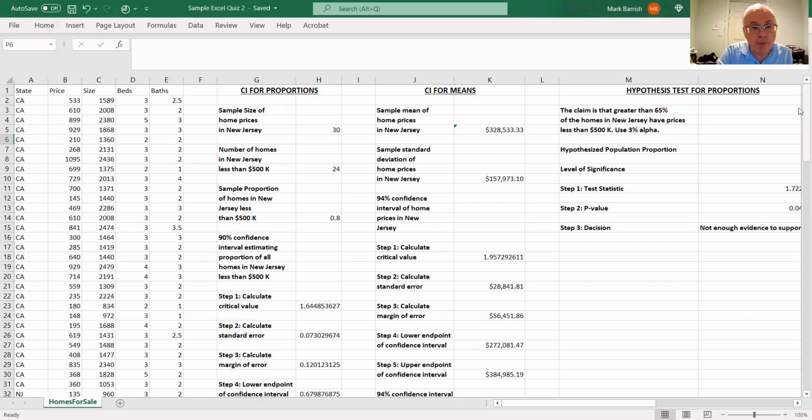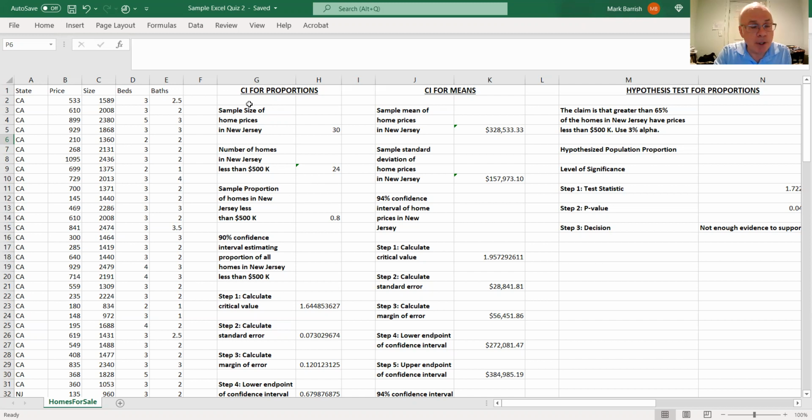Now, in this assignment, I will be illustrating just with one of these states. That's New Jersey, and I'm going to show you how to do all of this with formulas, and also how to refer to cells in the Excel spreadsheet for future formulas.